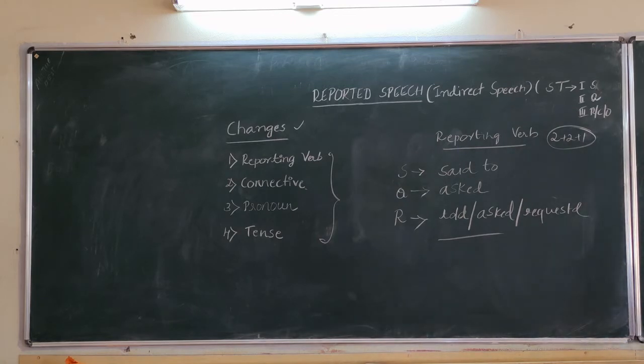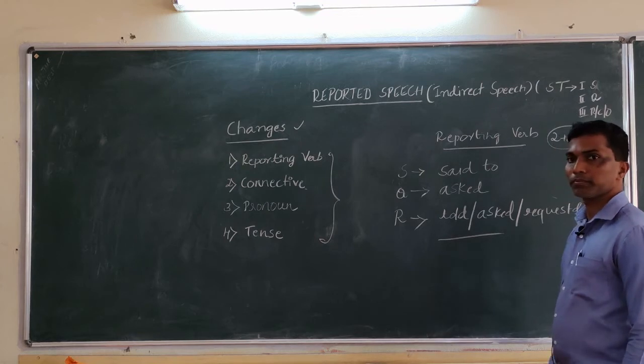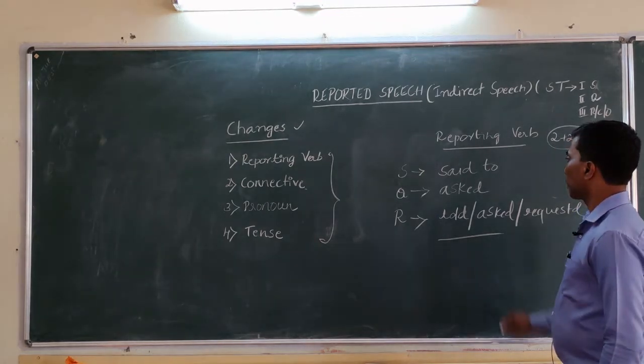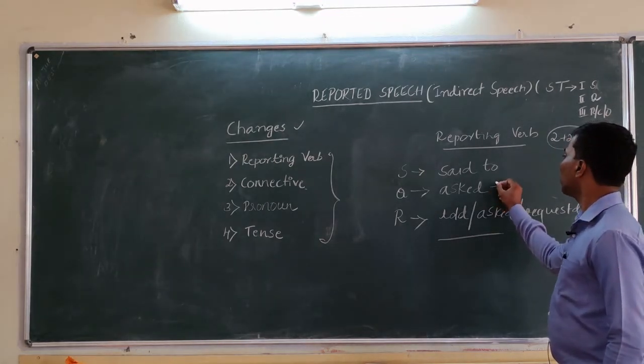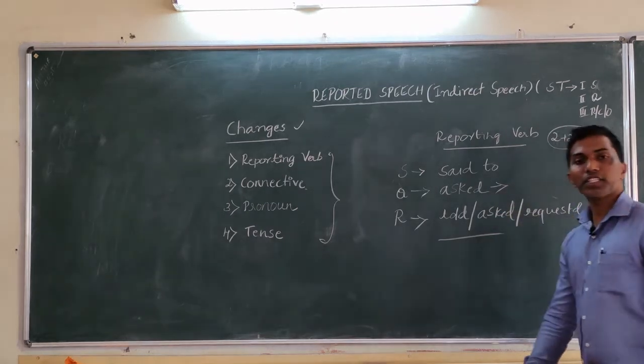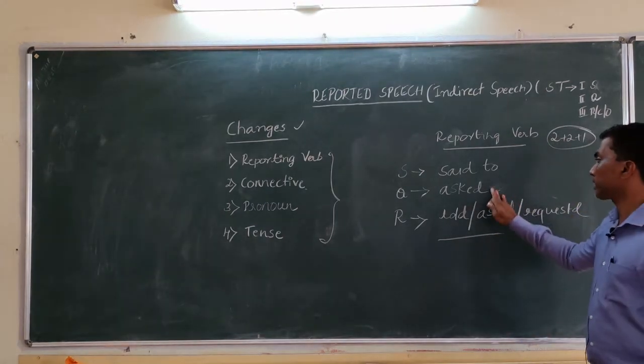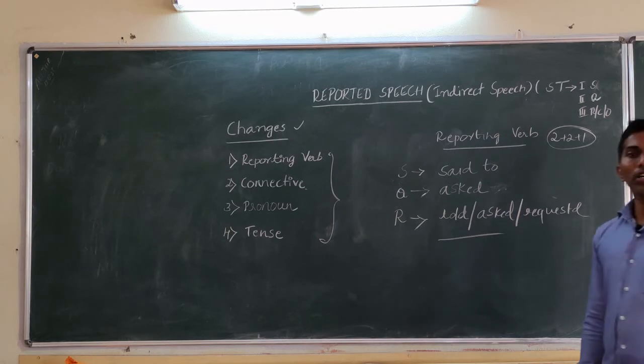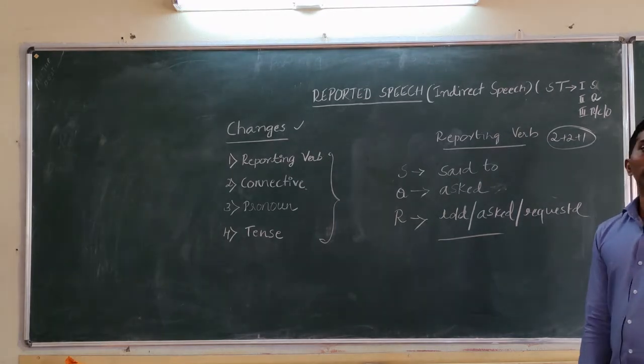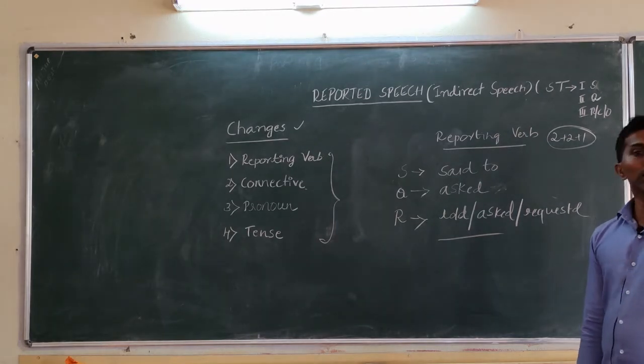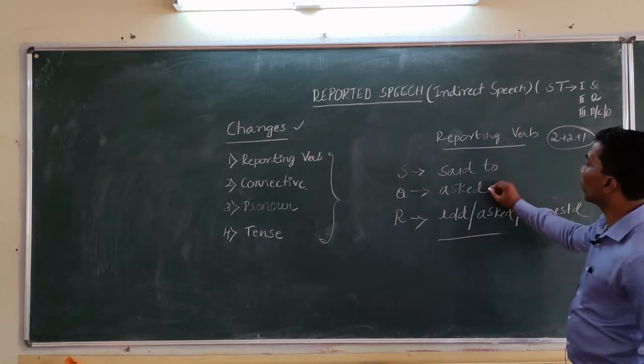Now, there is one more. Here you don't have a different verb. You have only one, asked. You may see equivalent words which may mean asked, but you better stick to only one.